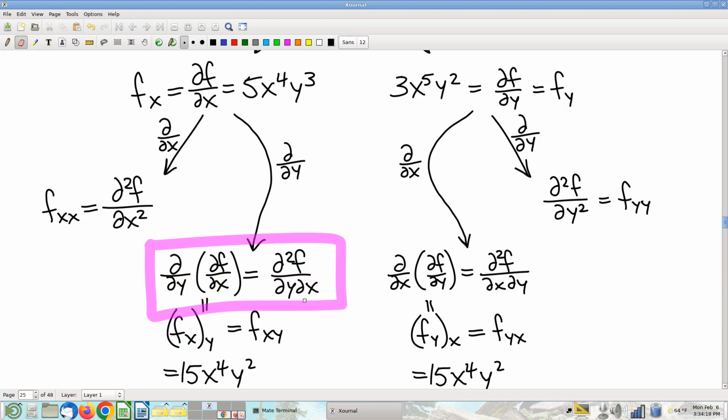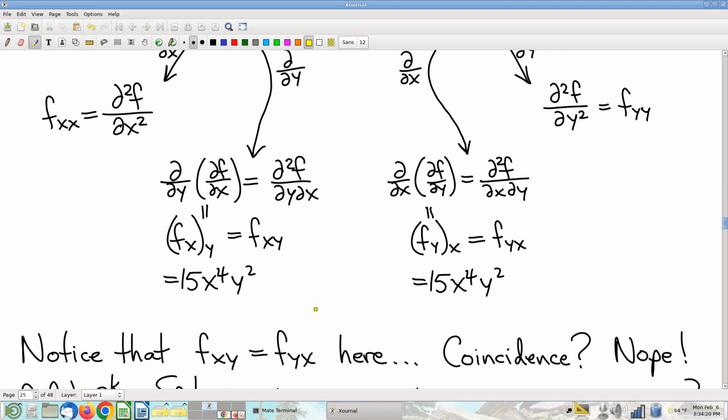Now, here's an alternative way to do it. Keep in mind, if we have an x partial and we take a y partial of it, this is an alternative notation for the x partial, and here is that equivalent notation for taking the y partial of it. And notice, also awkwardly, look at the x and the y.